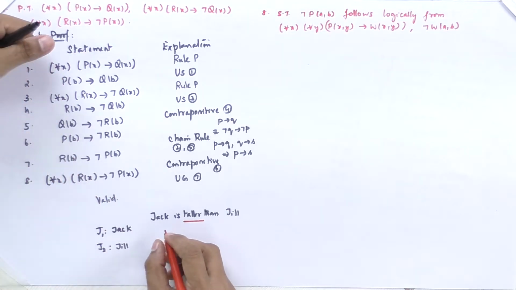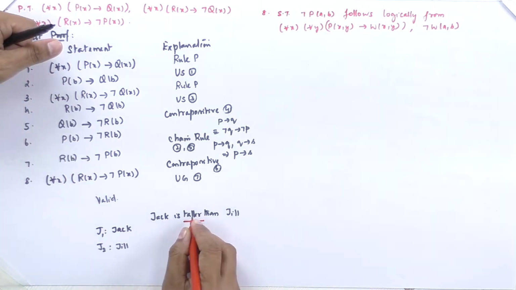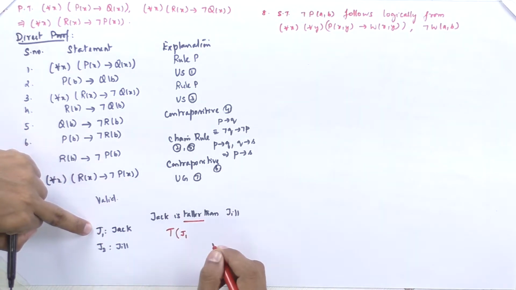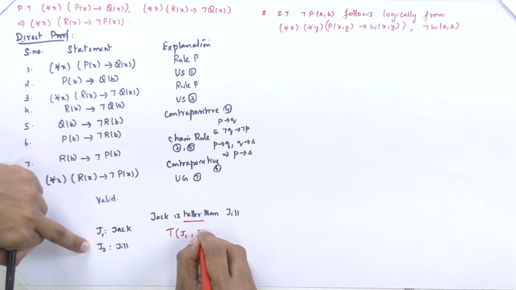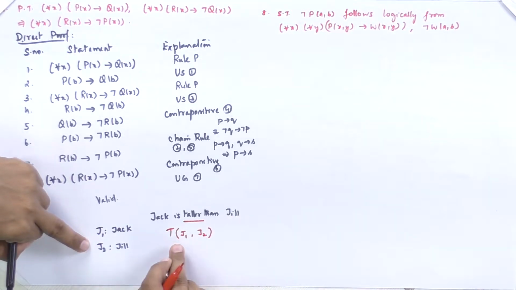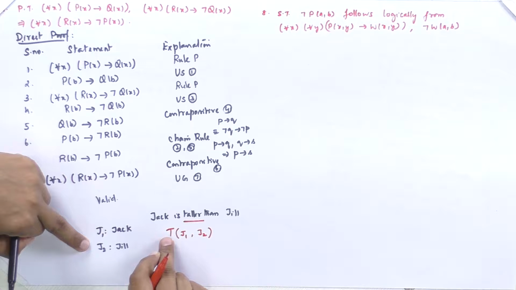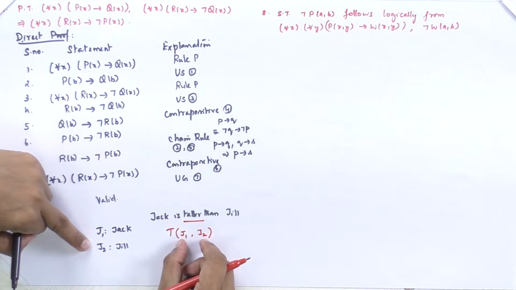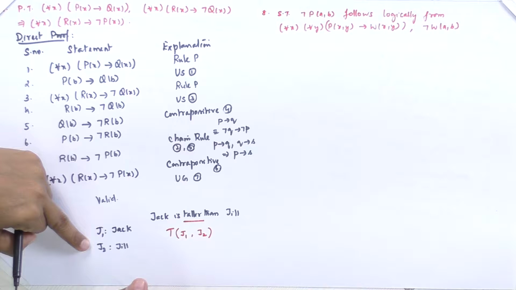So how do we represent it? Taller is the predicate term, capital T, of Jack, J1, comma J2. So now I can say that Jack is taller than Jill. This is how we symbolically denote it. Whenever we have two subjects or objects followed by the predicate term, it is called a two-place predicate.